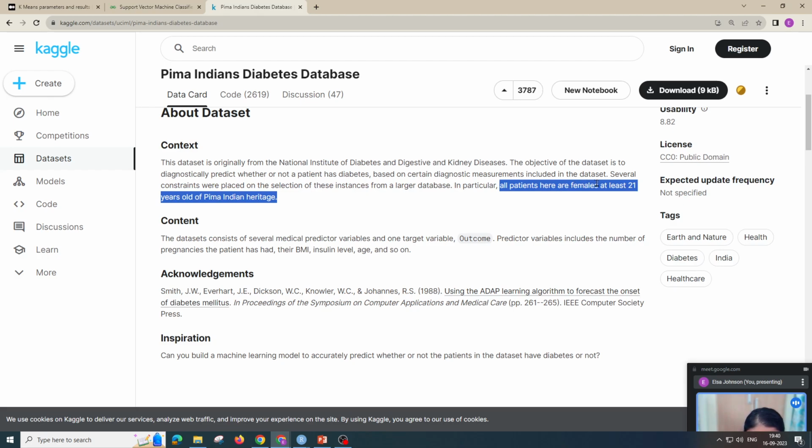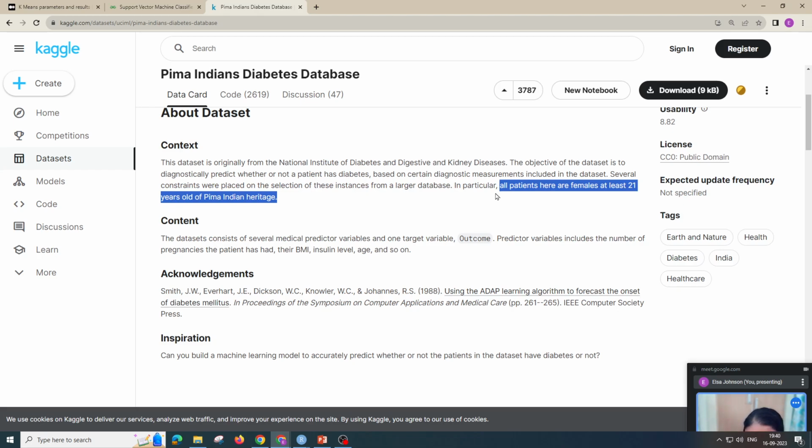So for all these females, the number of pregnancies they had is taken. It ranges from 0 to 3, I think, like not pregnant and 3 times pregnant. So that is the data set feature.